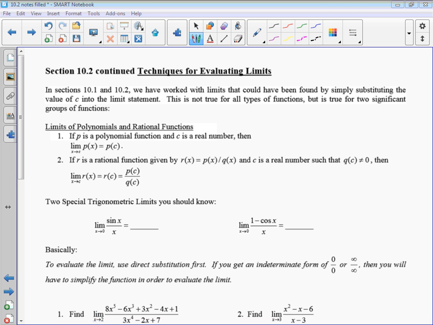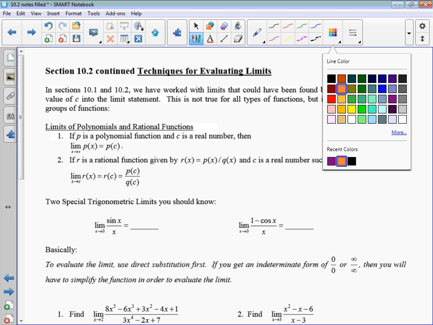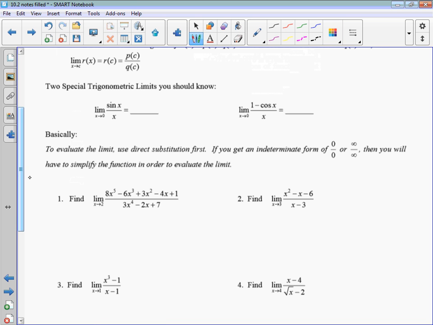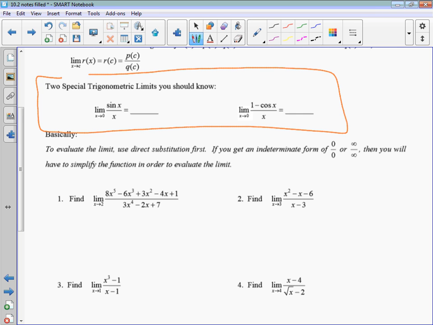Okay, guys, so there's a lot of words on this page, I know. I'm sorry. The first thing that really matters are these two special trig limits, okay? You cannot evaluate these by just substituting in. You would have to look at the graph. We're not going to graph them right now, though. I'm just going to tell you what they are.